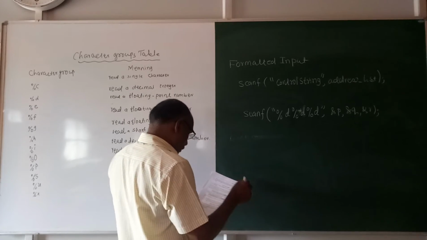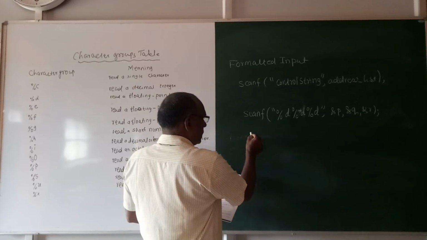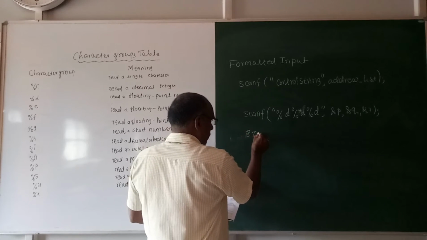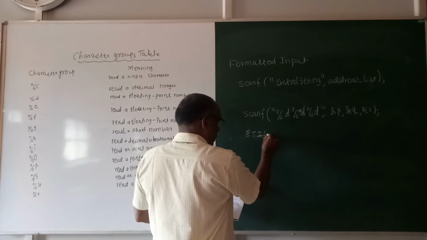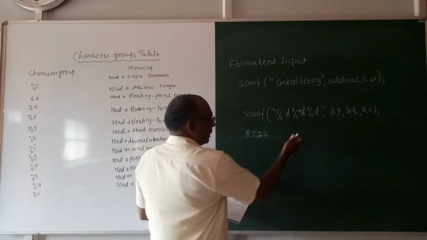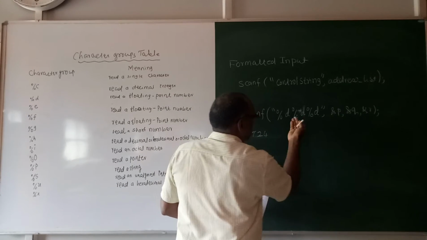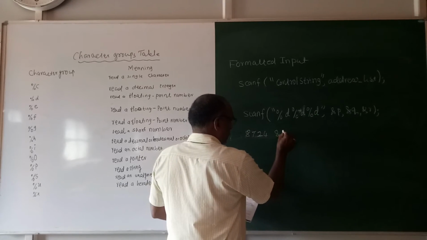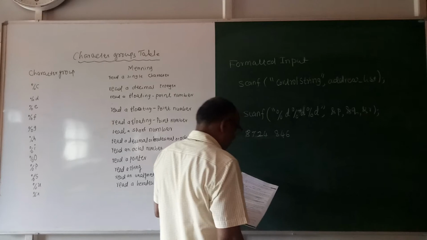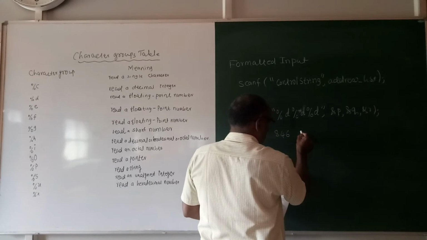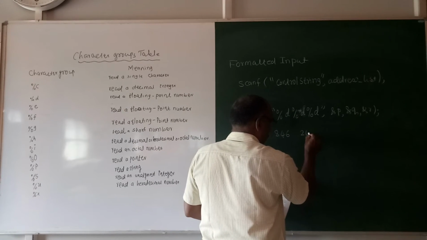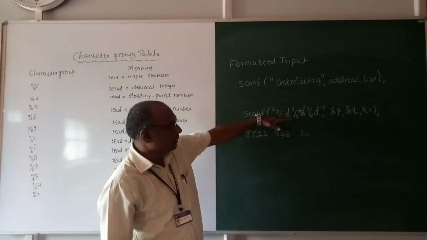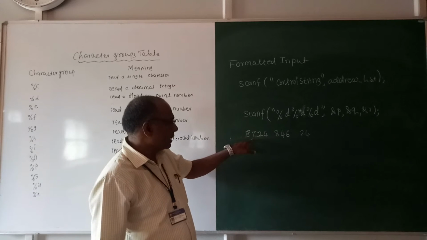Say the value of P is 87246. This is the input. Say Q is, again a decimal, 846, and say R is 24. These are the data to be given through the keyboard for this.